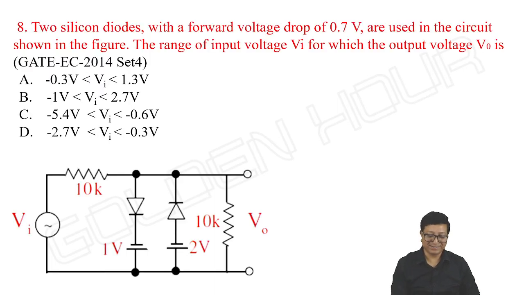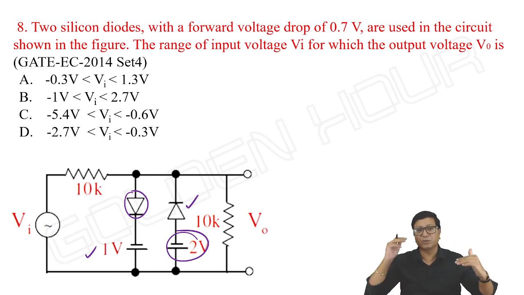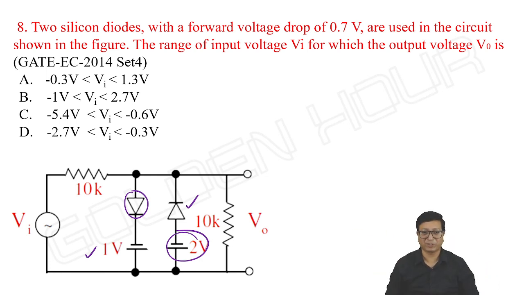Two equal resistors are given, and V gamma is also given. Doesn't matter. Ideally, breakpoint 1, the diode directed upward, is connected to -2. The diode directed downwards is connected to -1. So what do we expect? -2 to -1. That is our expectation.